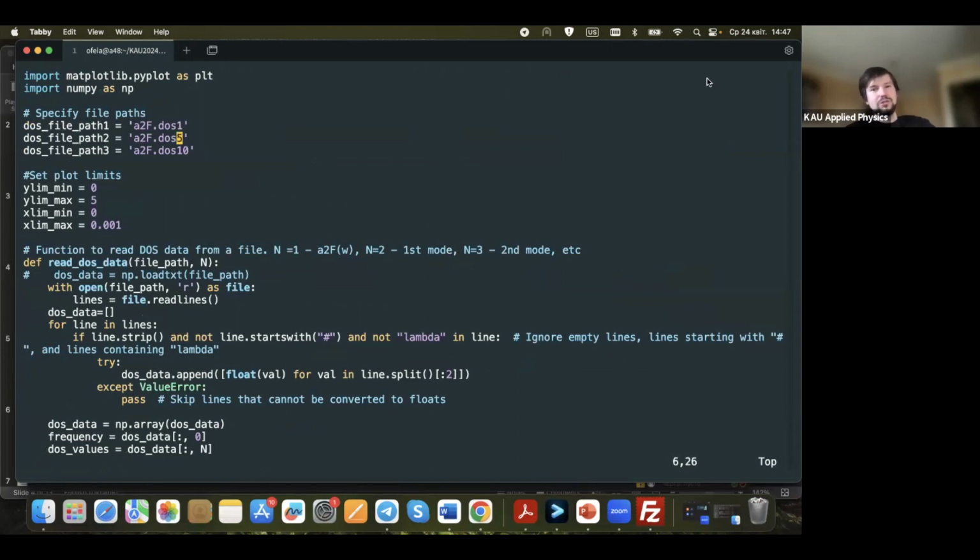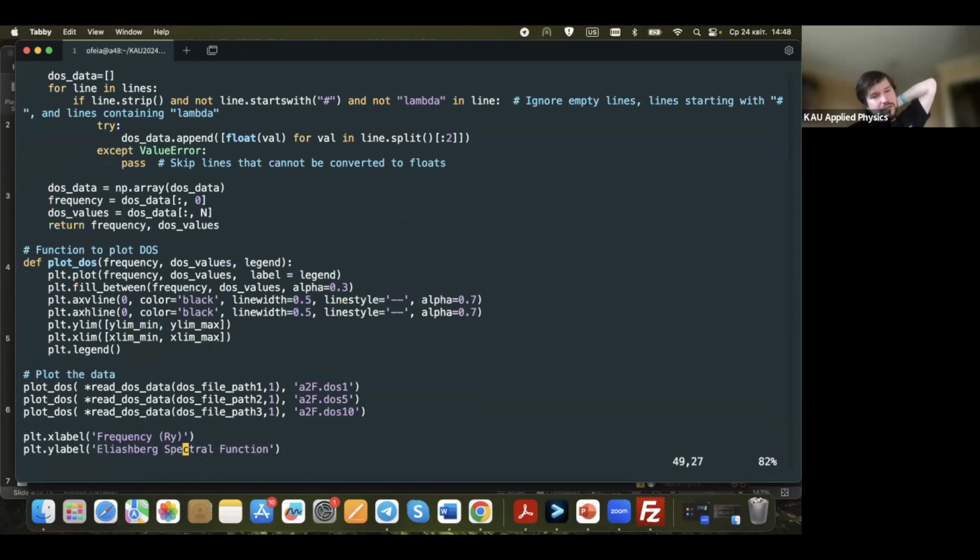I wanted to show three broadenings: the first, the fifth, which I think is the start of convergence, and the last one.